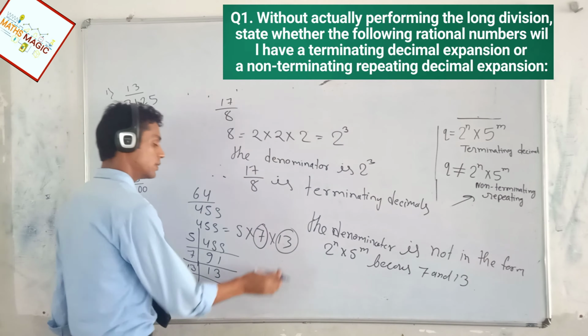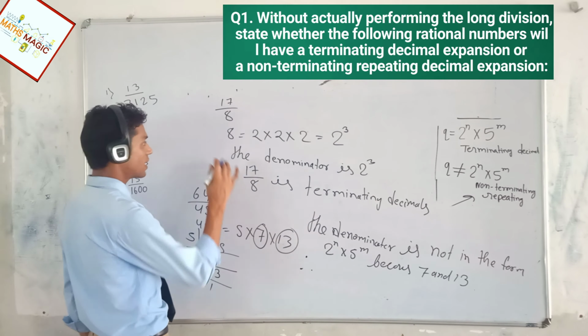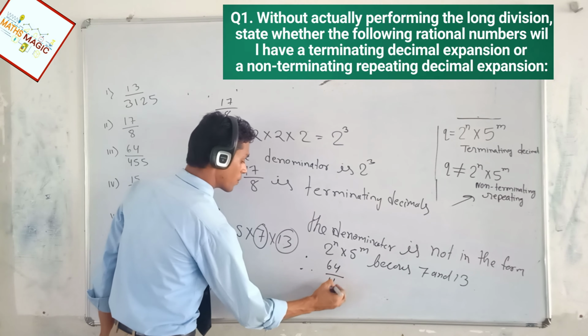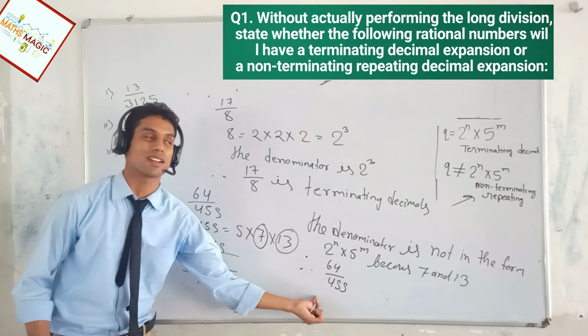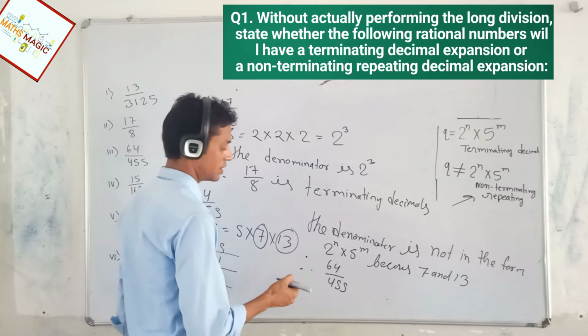Therefore we can say 64 by 455 is a non-terminating repeating decimal.